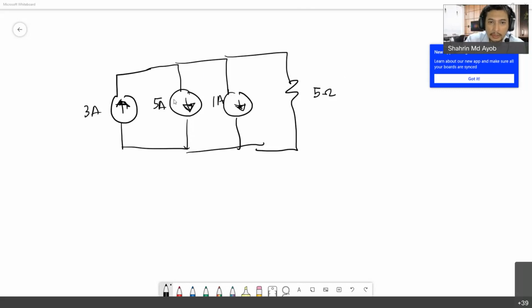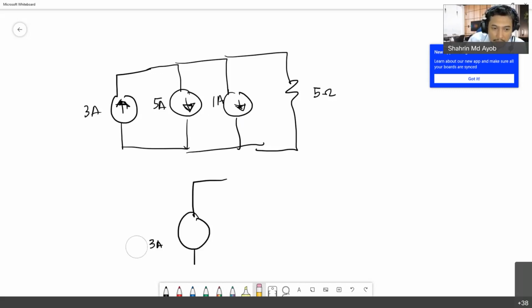For this circuit, what you need to do is assume that current going up is positive and current going down is negative. So you can simplify this: 3 minus 5 minus 1 is essentially negative 3 amperes.